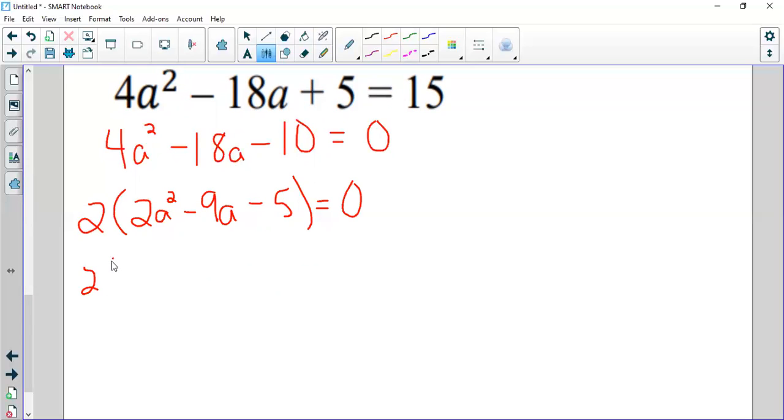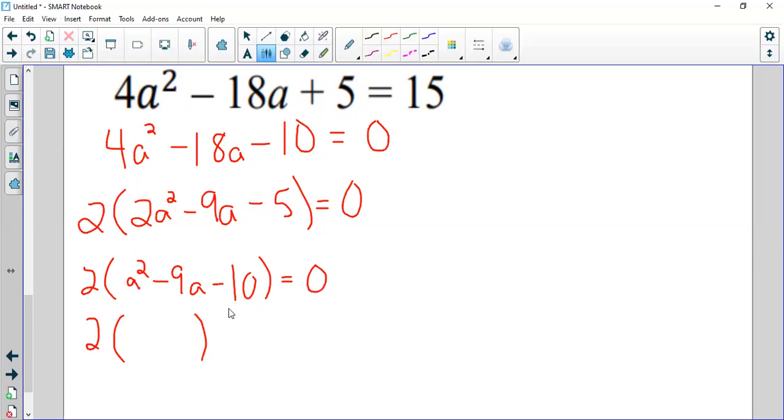So I'm going to do some slide, divide, slide. I'm going to take that 2 and slide it to the 5. So now it says a squared minus 9a minus 10. And that equals 0. Factors of 10, let's subtract to make 9, or 10 and 1. So I'll keep my 2 out here.